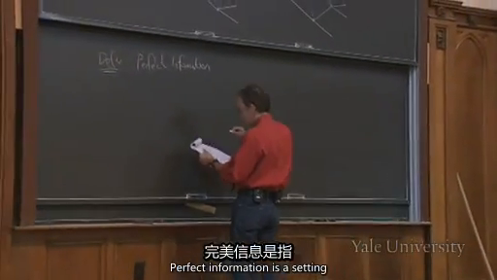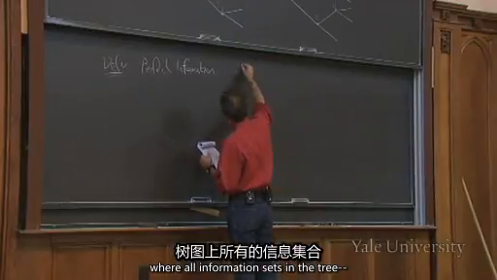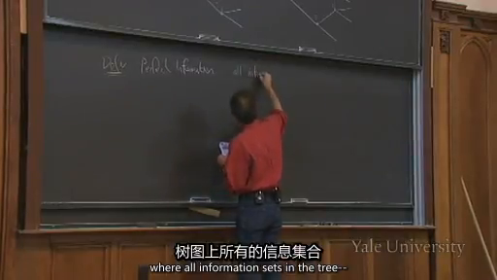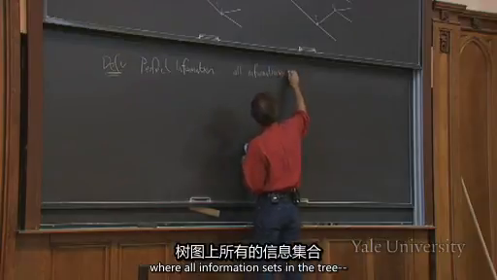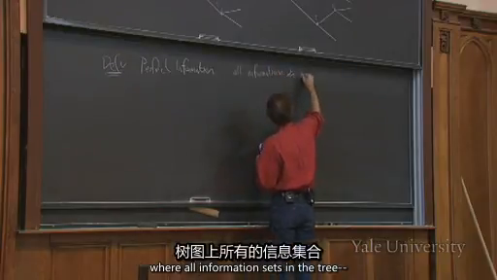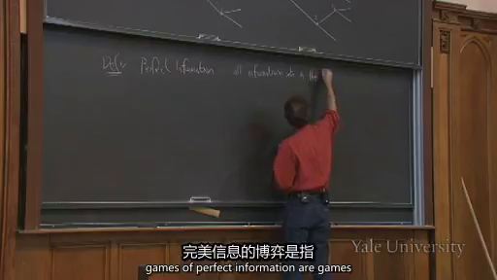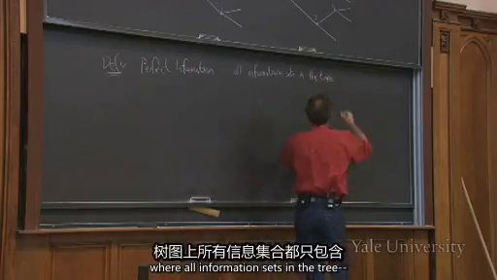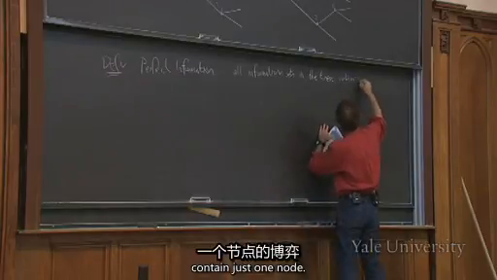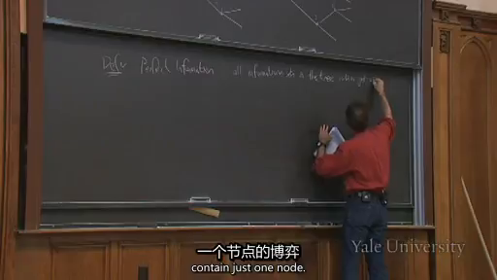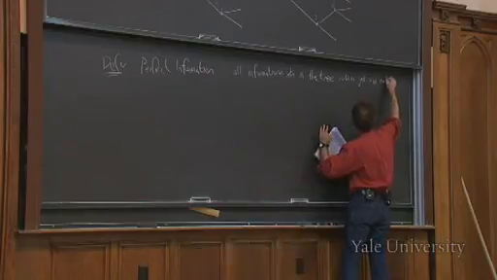Perfect information is a setting where all information sets in the tree, games of perfect information are games where all information sets in the tree contain just one node.